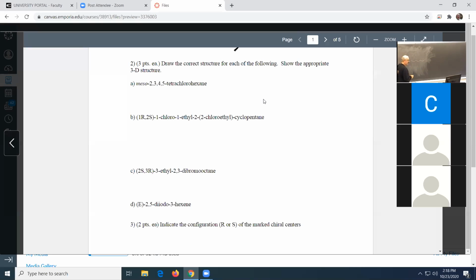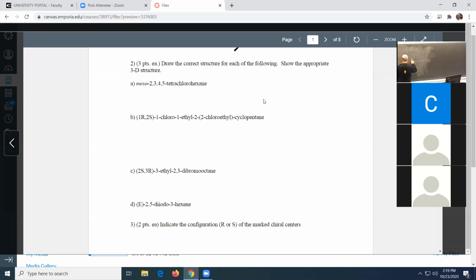Okay, so this is octane, and then ethyl. 2,3-dibromo, sorry. 3-ethyl-2,3-dibromo. Okay, and again, we want 2S, 3R.